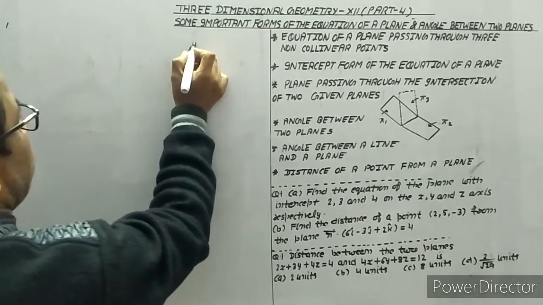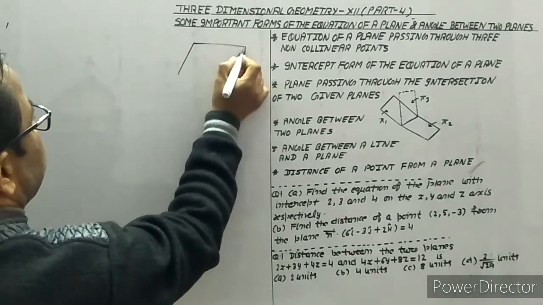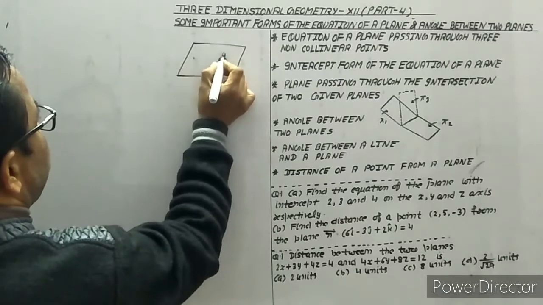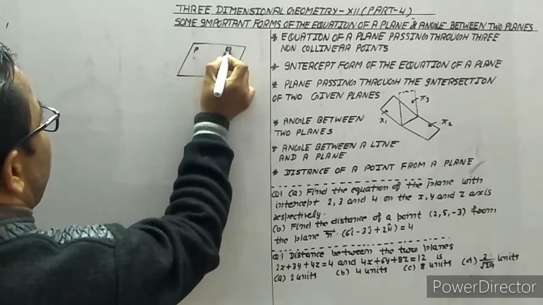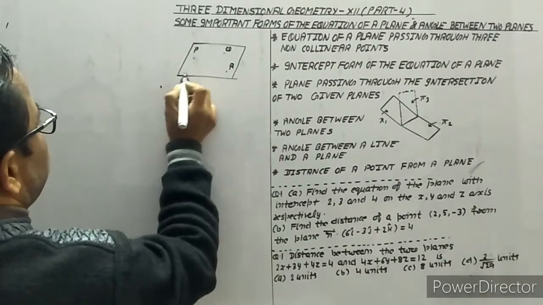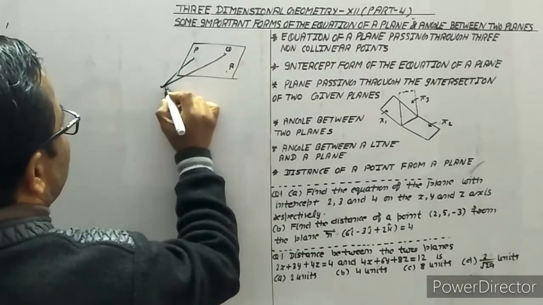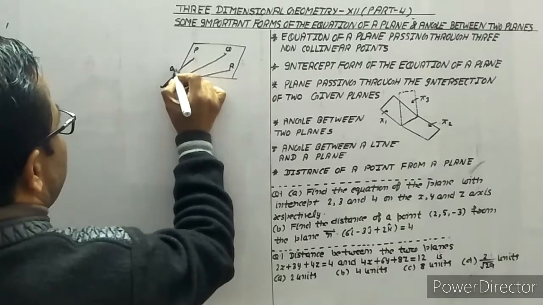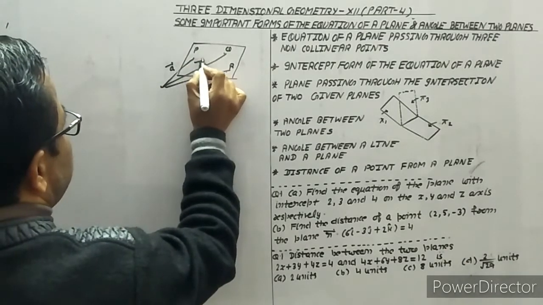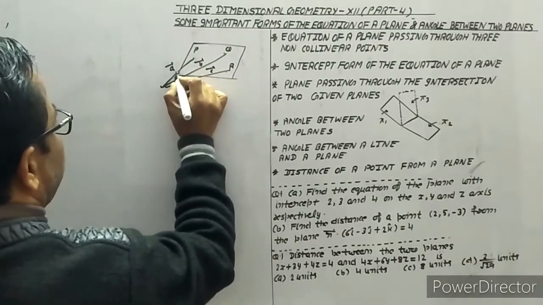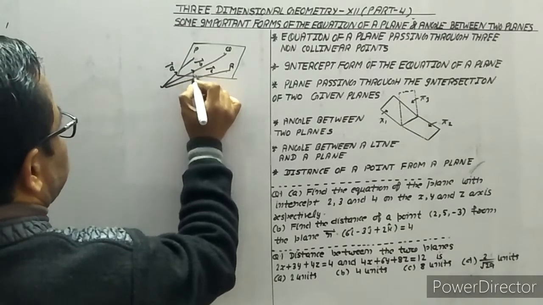So look at this. If we have this plane and there are three non-collinear points P, Q, R on this plane, and this is the origin, then let the position vectors OP, OQ and OR be vectors A, B and C respectively.